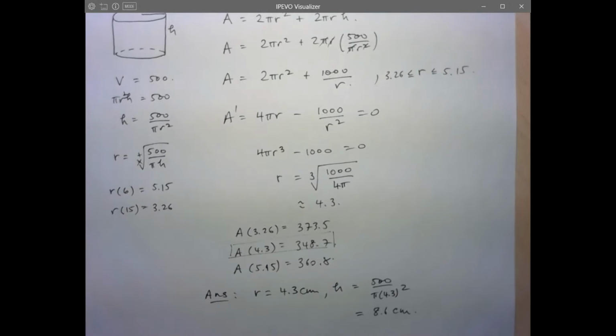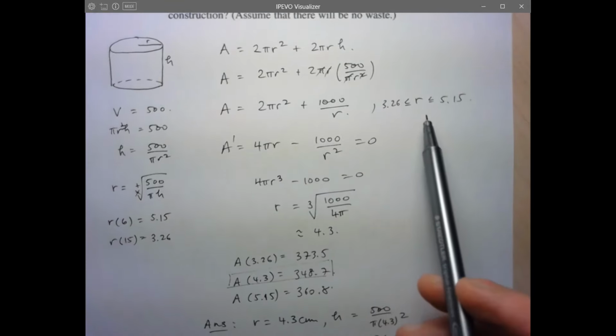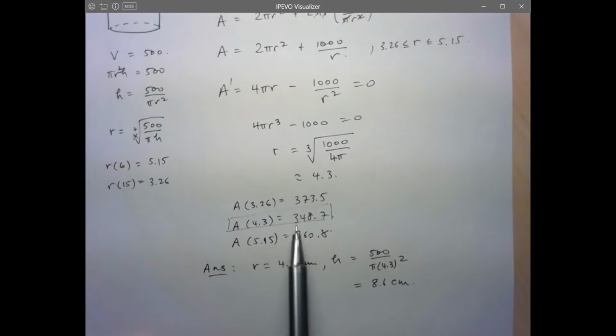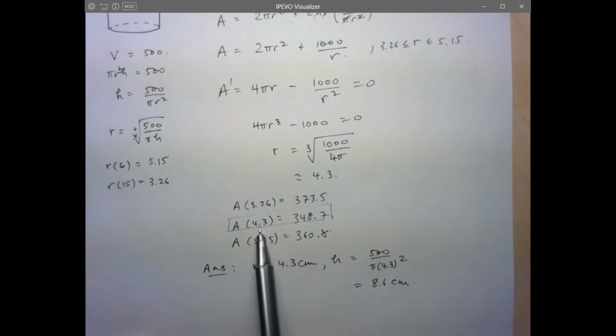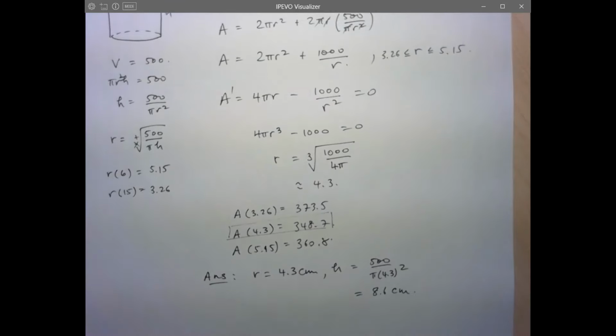Now, of course, what would have changed things is had our domain been, say, something like from 5 to 7, then clearly that wouldn't have been the case, because our critical point would not have been part of that interval. Okay, so the max and mins would have occurred at one of the endpoints. All right, that's it for this one.